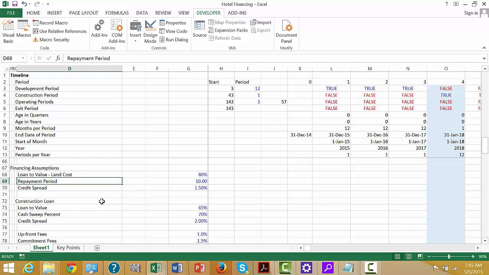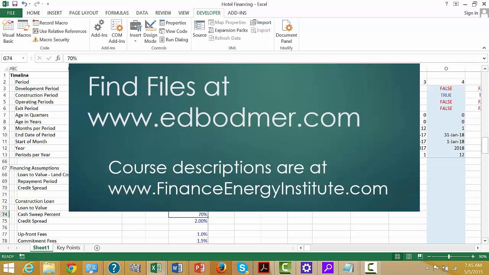So we're going to loan 80% of the land, pay it back after the project starts in 10 years. We're going to pay a credit spread on this. For a construction loan, we're going to have 65% of the land cost, and we'll have a cash sweep percentage of 70%.